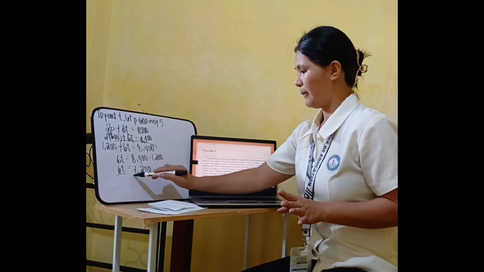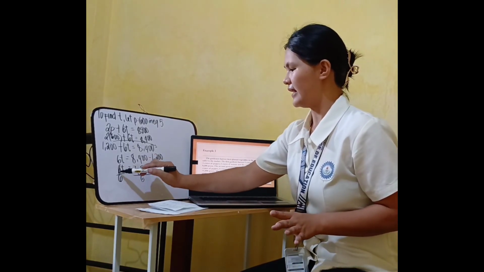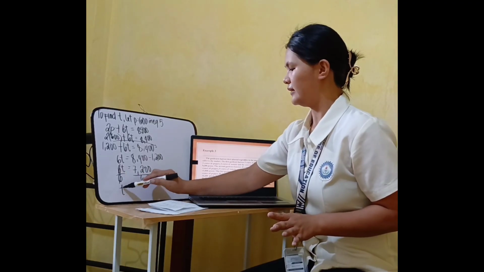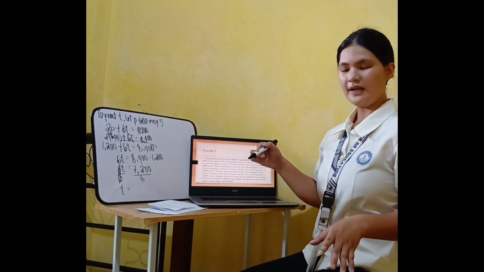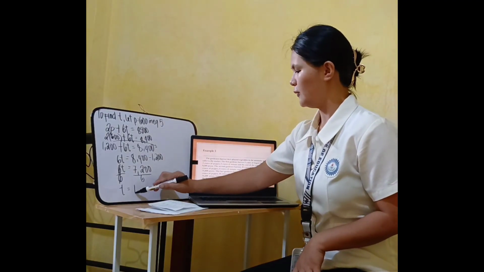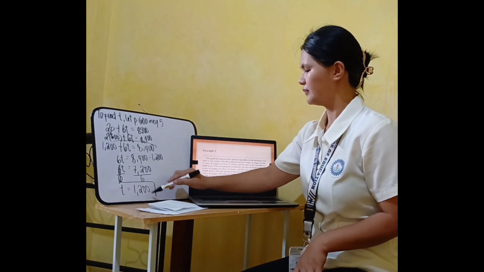After that, divide both sides by 6 to cancel out, and T is equal to 7,200 divided by 6 is equal to 1,200.